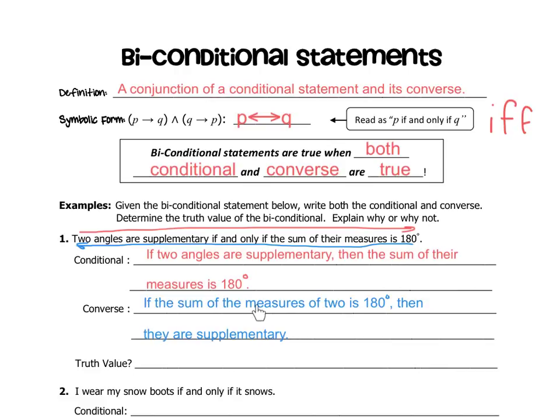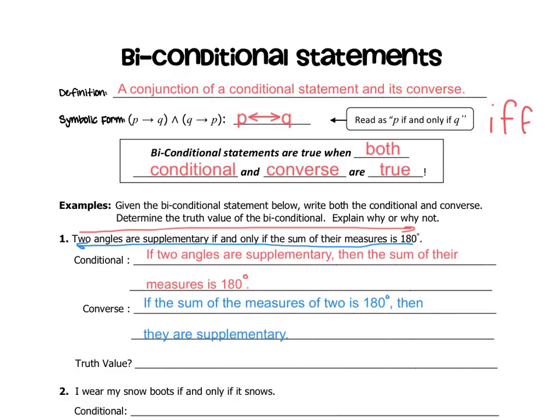If the sum of the measures of two angles is 180 degrees, then they are supplementary. We took the sum of their measures is 180 degrees and made it the hypothesis, because that's what we do with the converse, and then used the beginning as the conclusion.